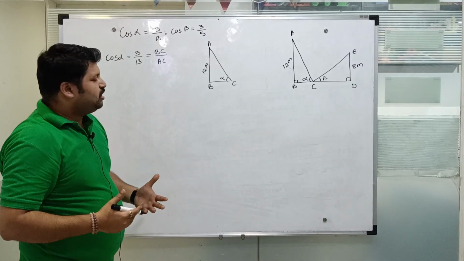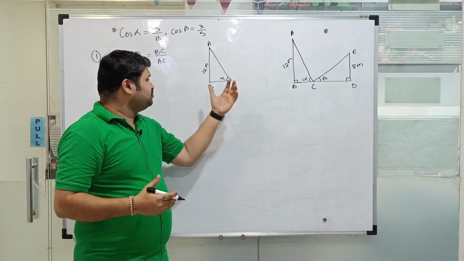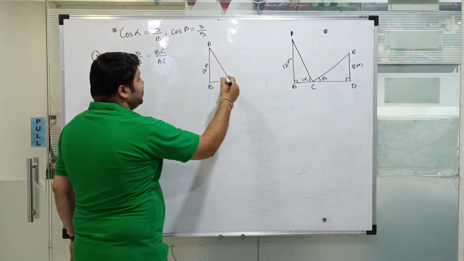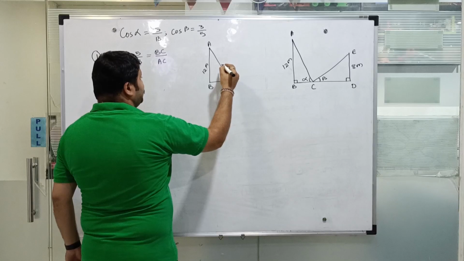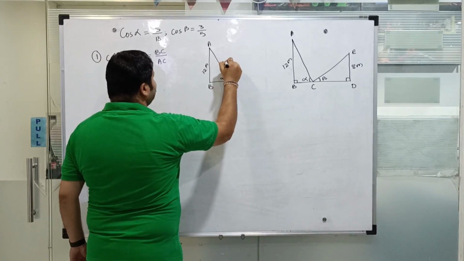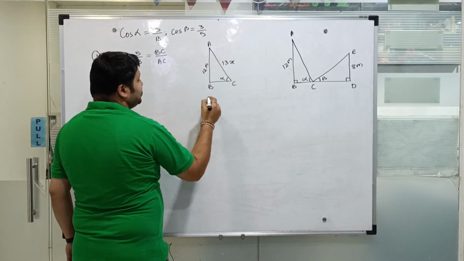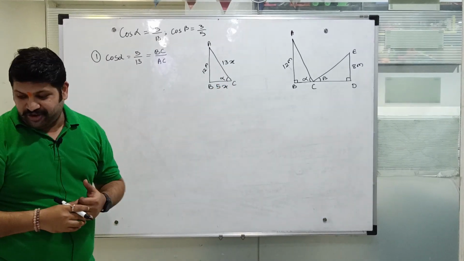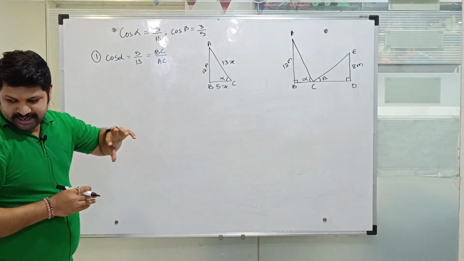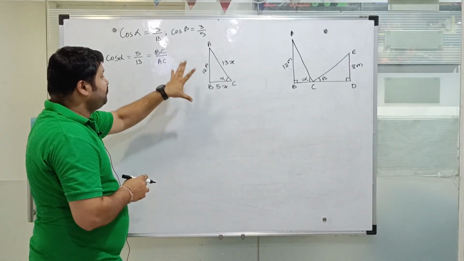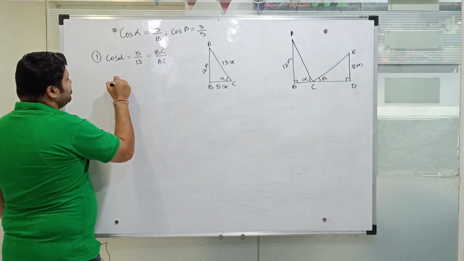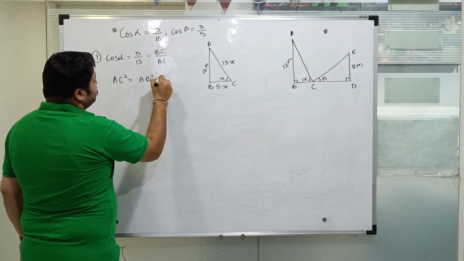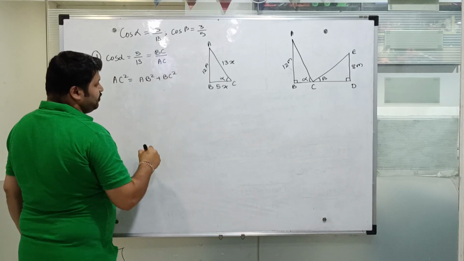So I take the common multiple as x, and AC can be written as 13x and BC can be written as 5x. So from the figure I can easily say that AC square is equal to AB square plus BC square.